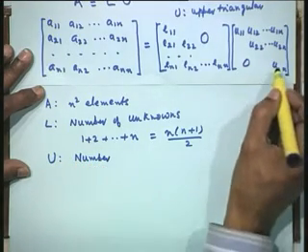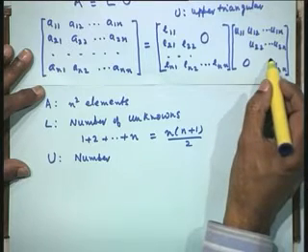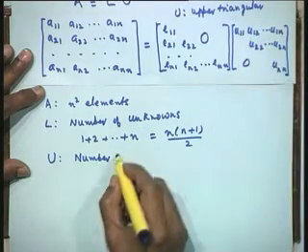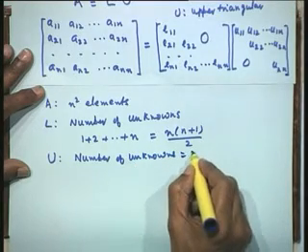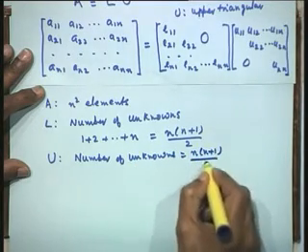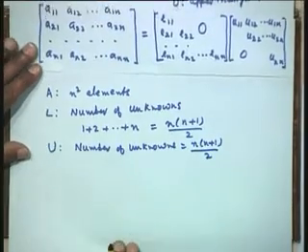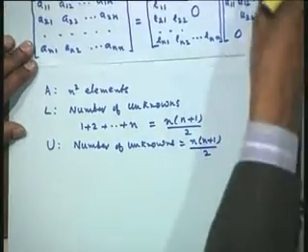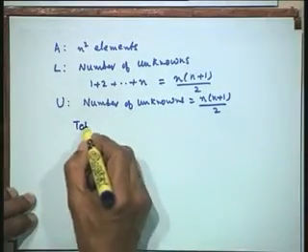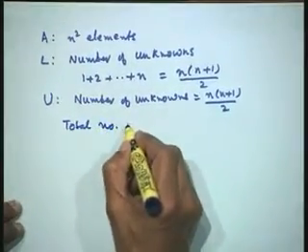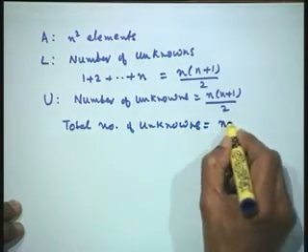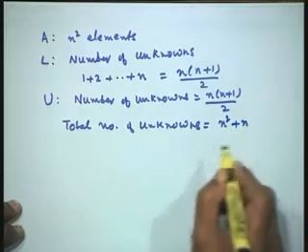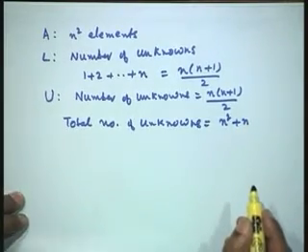I can count from backwards: 1 in the last row, 2 in the second last row, n in the first row. So, the number of unknowns will again be n into n plus 1 by 2. Therefore, the total number of unknowns is n into n plus 1, that is n squared plus n.